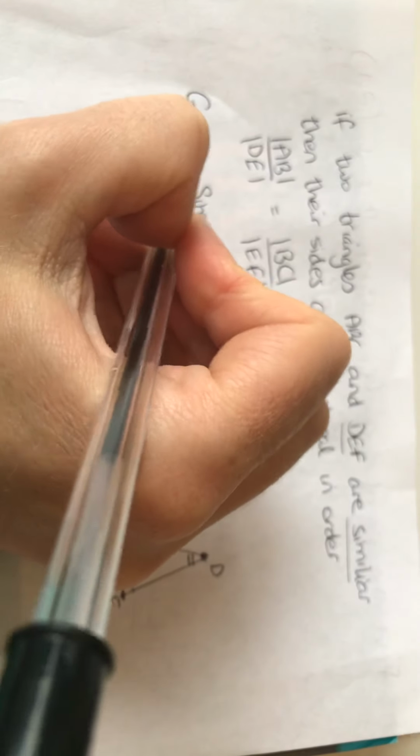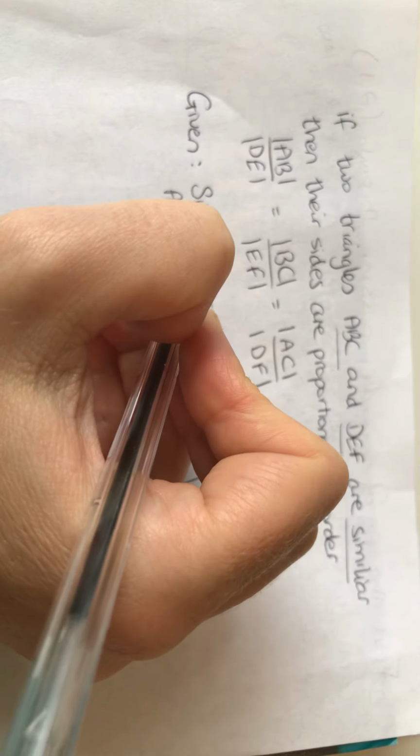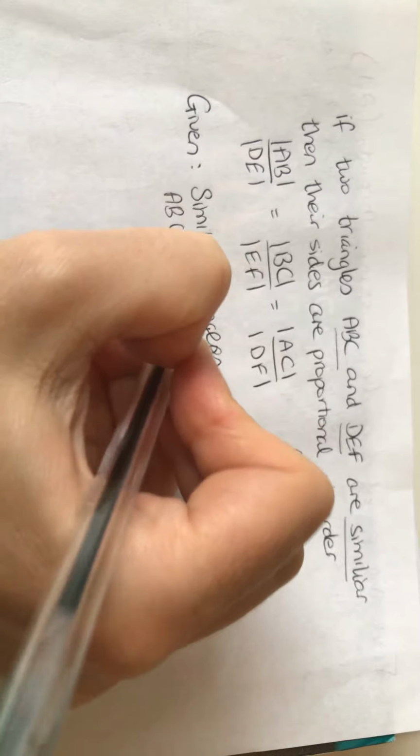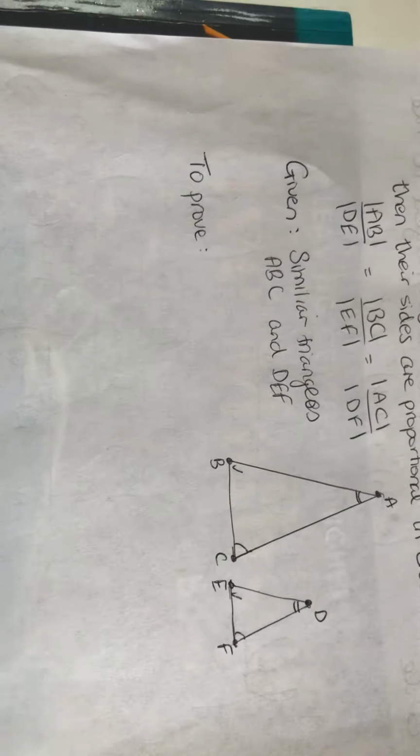I have called them ABC and DEF. I am going to go a little bit faster because hopefully you have more of the idea of where I'm getting all this information.